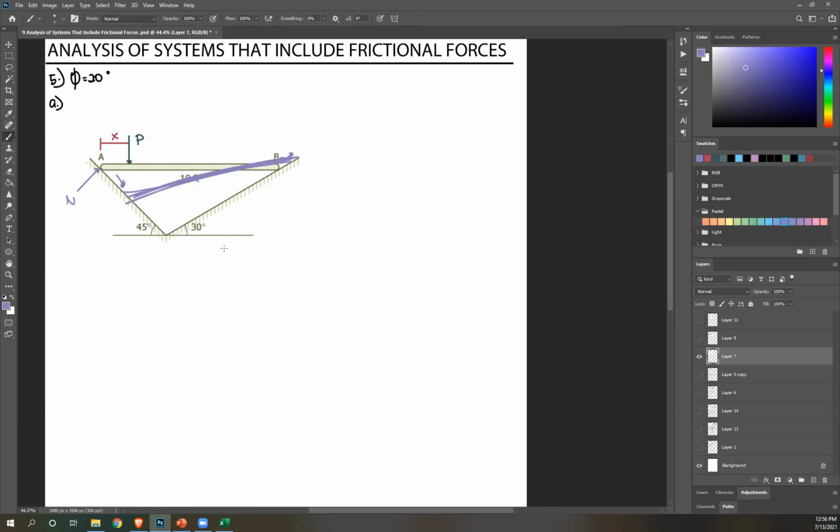And again, friction opposes all those motions. So this is downward, therefore friction should be upward here. This is your F. Same thing here. N is always perpendicular, so this is your NB. Again, the tendency of this is to go upward if your force is here, so friction is downward.